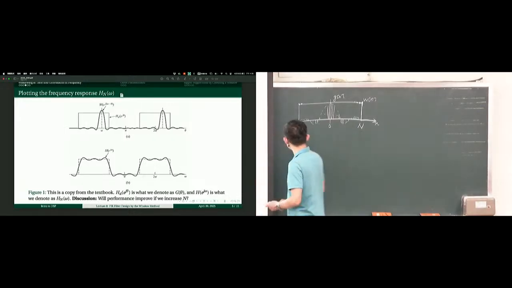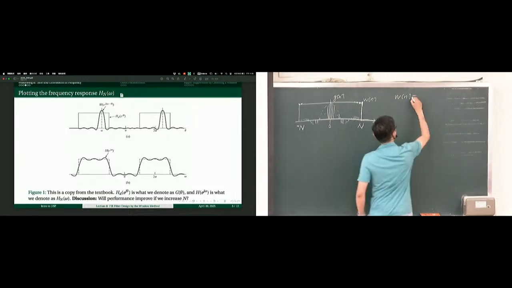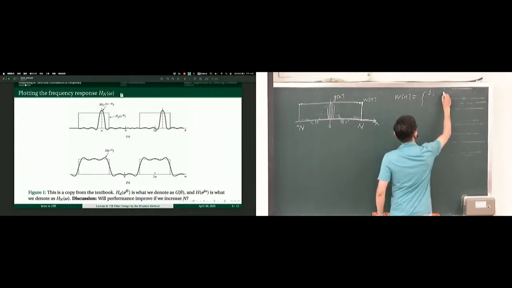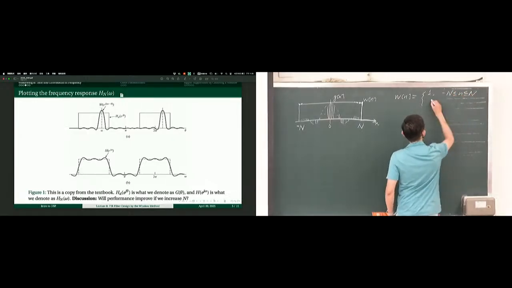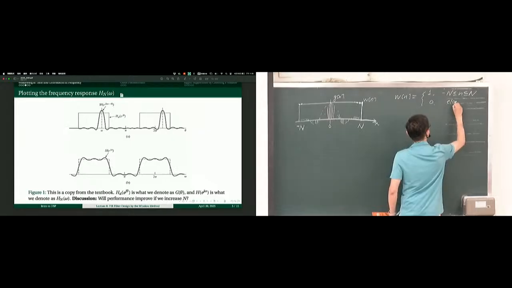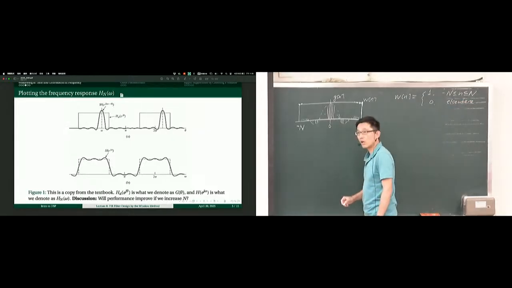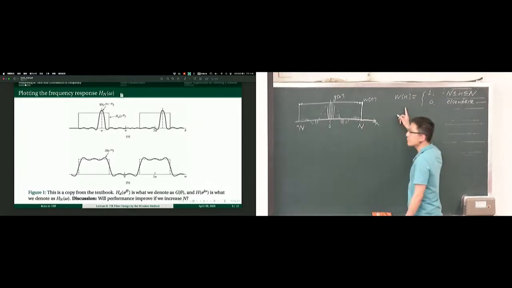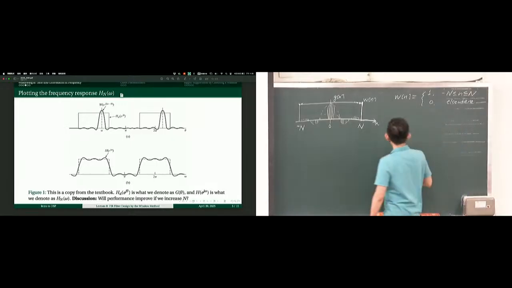We know that w[n] is 1 between minus N and plus N, and 0 elsewhere. So it's rather straightforward to derive the Fourier transform of small w. Shall we try that? Let's work on this together.